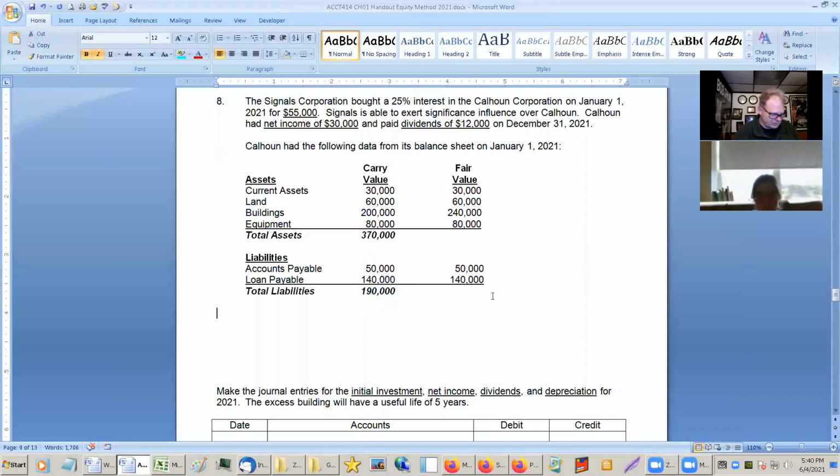The net assets would be net of the liabilities.